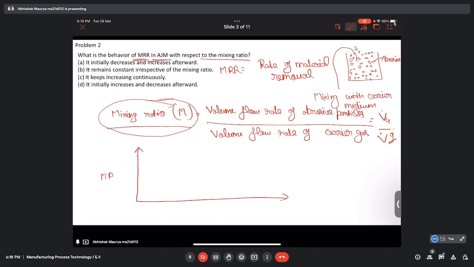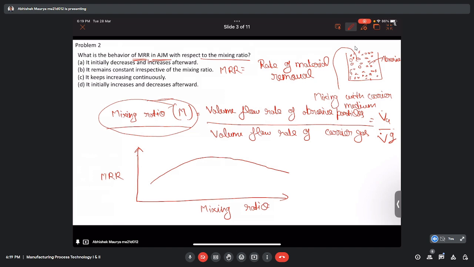this kind of relationship. If you try to plot the material removal rate versus the mixing ratio, we get something like this. Here, if you directly think, material removal is happening because of the abrasive particles.